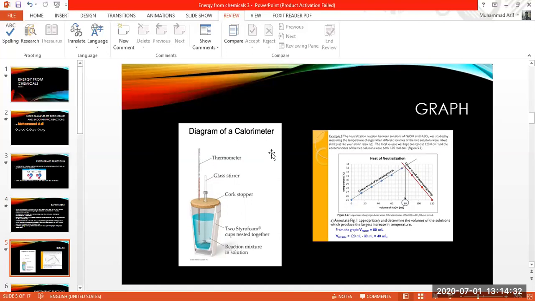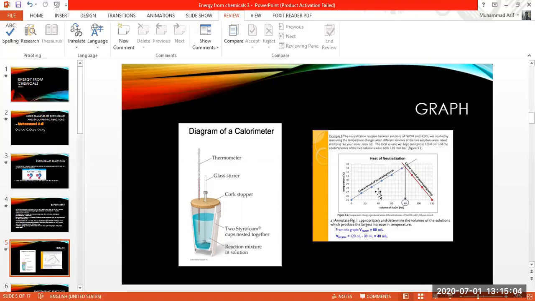Then we have to note down the values till the temperature starts decreasing after attaining the maximum rise. When the temperature starts decreasing, still we have to keep on noting the temperature decrease. Now, using all these values, we have to plot the graph. We have to put all the values on the grid.